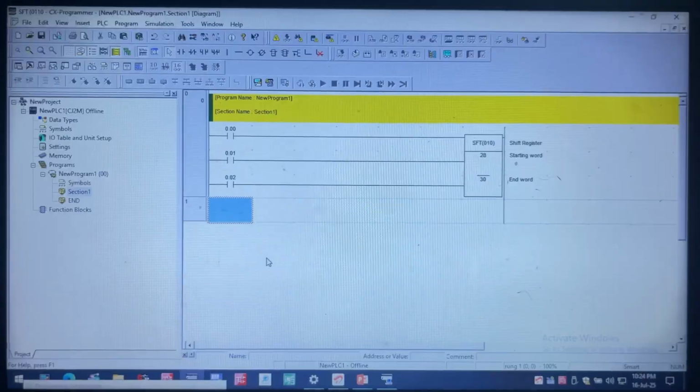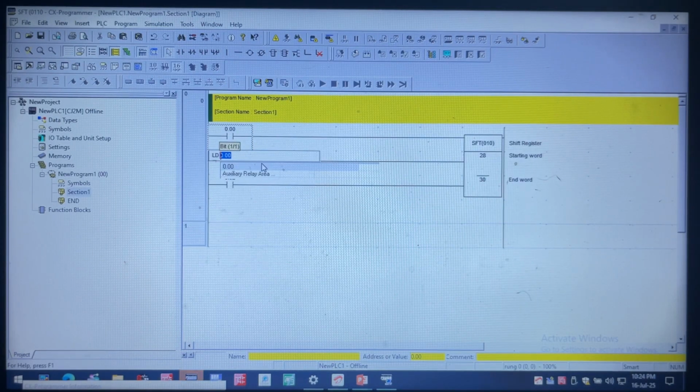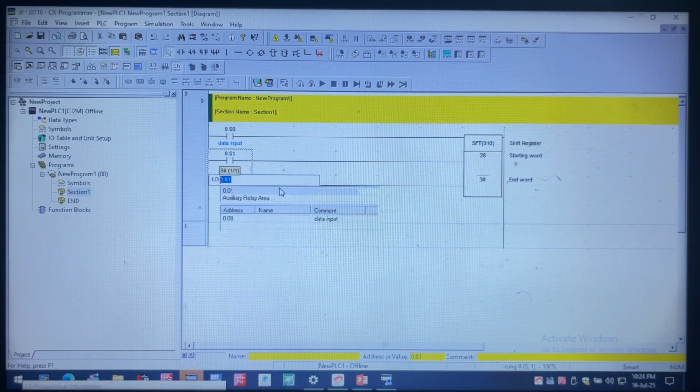Let's see. I have already created the programming. I used the inputs like 0.00, which is the data input, and 0.01, where we change the input value. This is the data input, okay, and this is the shift input.